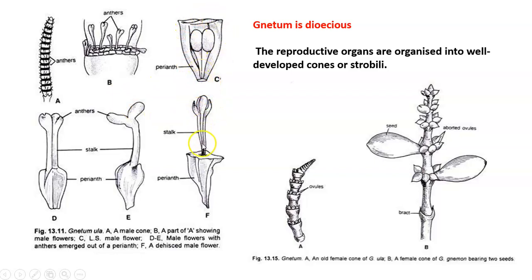Once it matures it will go above the perianth, and the anthers will be on display. So this is the male plant. Now this is the female plant, and you can see the female cone bearing ovules. Some of the ovules are aborted and won't be functional, but some will grow into seeds after fertilization.